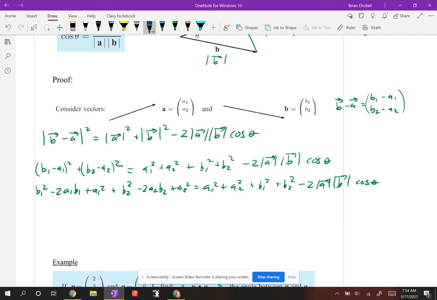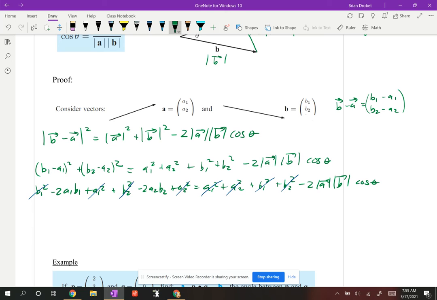And now we get some stuff to cancel out here. I have a B1 squared on this side and a B1 squared on this side. An A1 squared on this side and an A1 squared on this side. B2 squared, B2 squared, A2 squared, A2 squared.